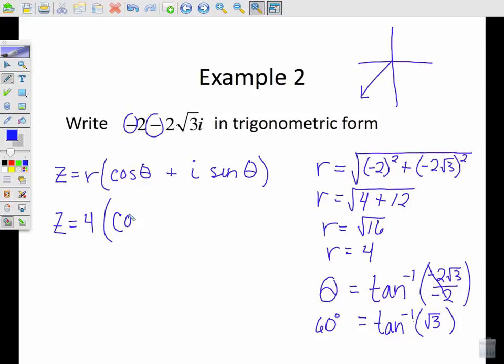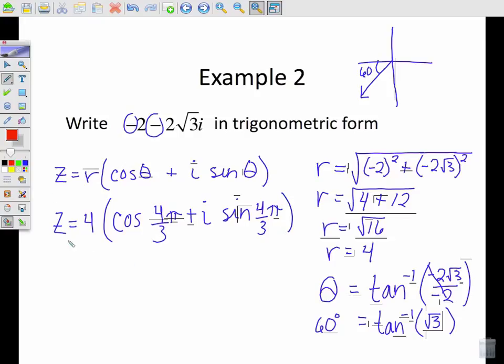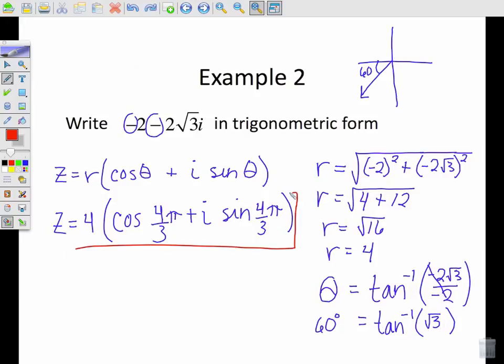So z equals, our r is 4, cosine of, and we're looking for, again, 60-degree reference angle here. So that would be 4/3 pi plus i times sine of 4/3 pi. There's your trig form, right there. Right here is our final answer.